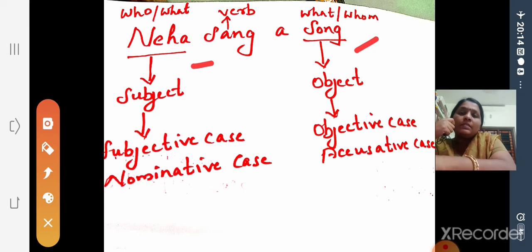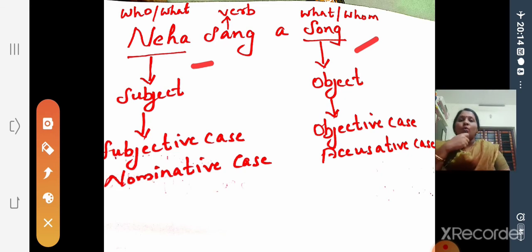So the first noun, Neha, is placed at the beginning of the sentence. And the second noun is placed at the end of the sentence. That means the noun Neha is placed in the subject position and song is placed in the object position.